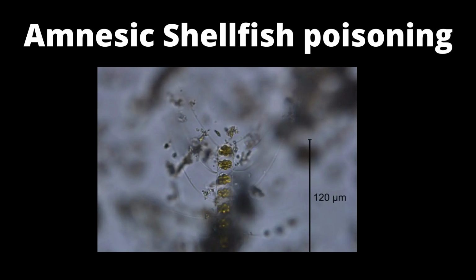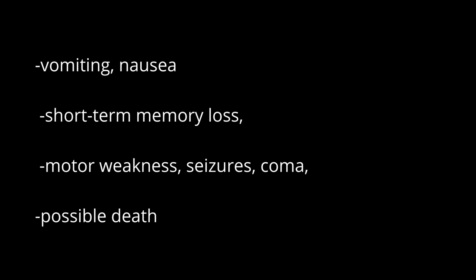The most common disease that we have is called amnesic shellfish poisoning. I will talk about the symptoms in the next slide. As you can see here, these are some of the symptoms of amnesic shellfish poisoning. You can have anything from vomiting and nausea to even seizures and coma, to even a possible death.